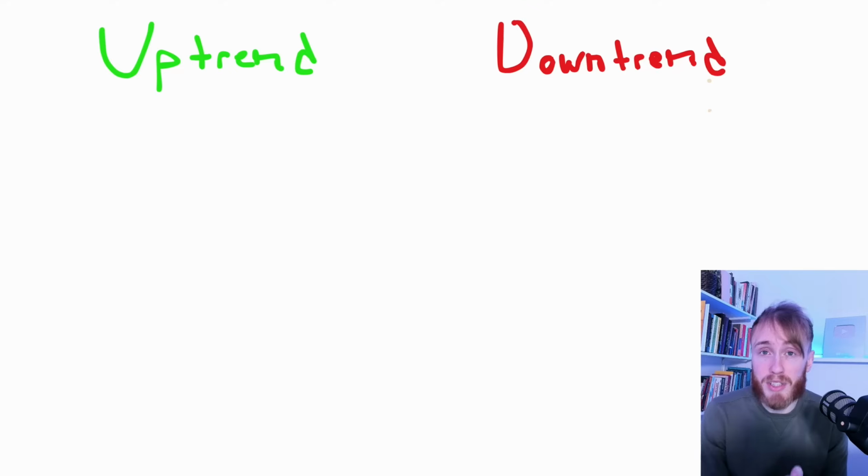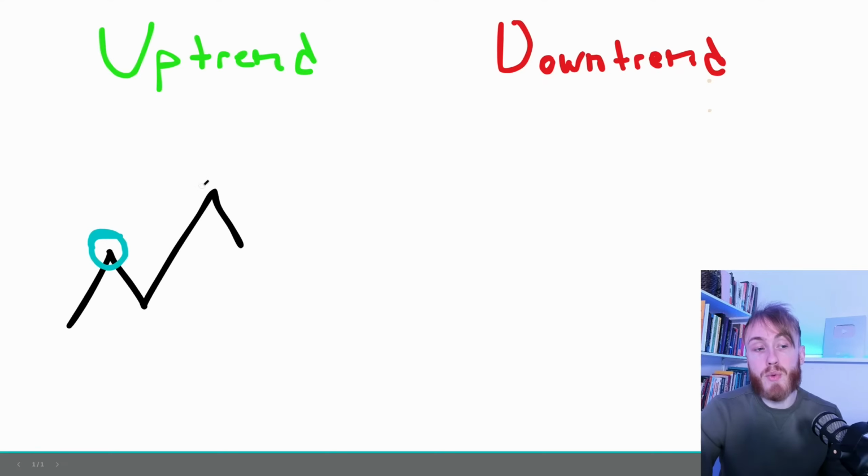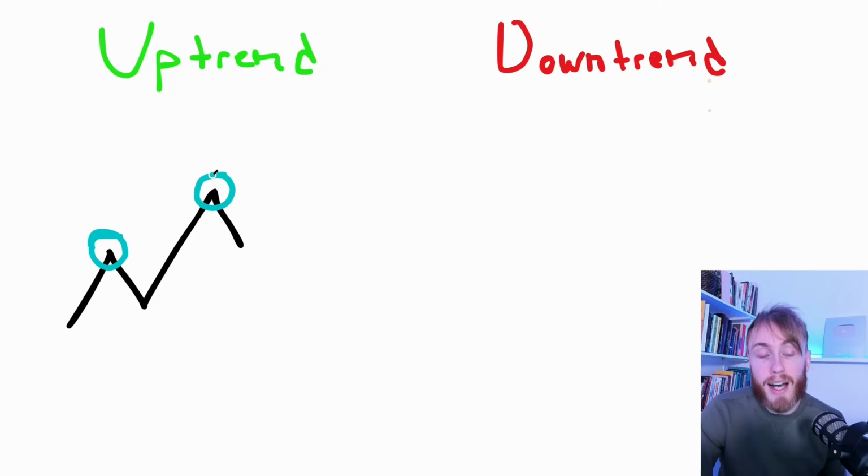But right, so now let's take a look at some important things you need to know about the uptrend, downtrend, and sideways market. And first of all, remember that in order to have an uptrend, we need to print both higher highs and higher lows. So for example, right here, you can see that we have one high right here, and here we have a higher high. So we usually mark this with an H for high, and we mark the higher high with HH.